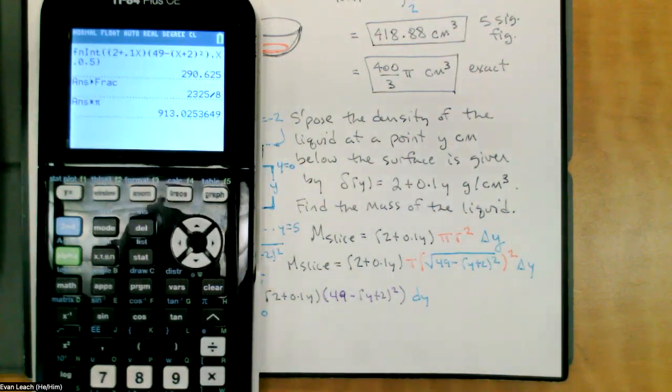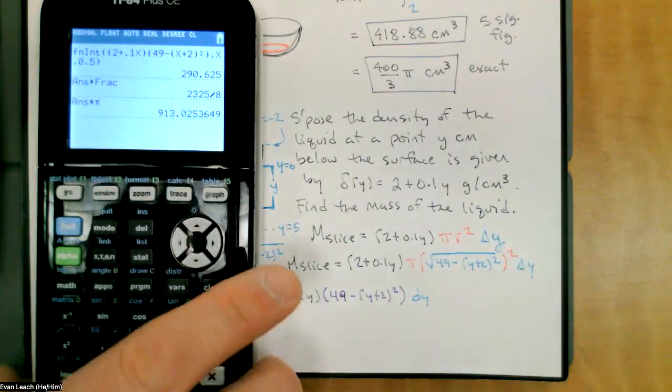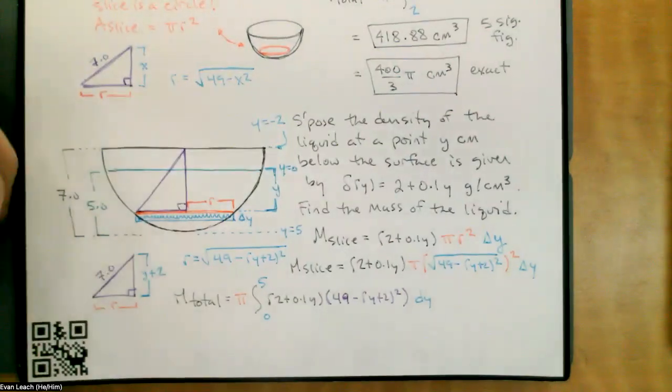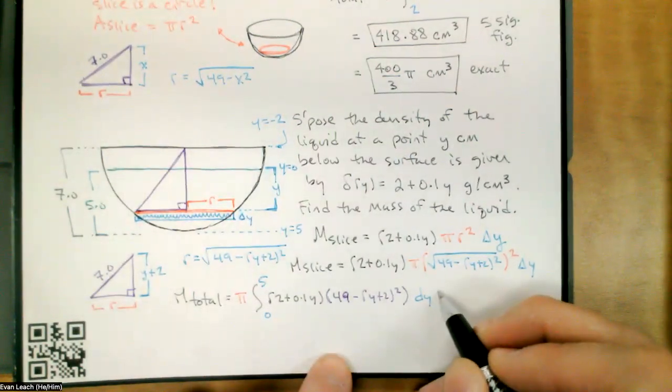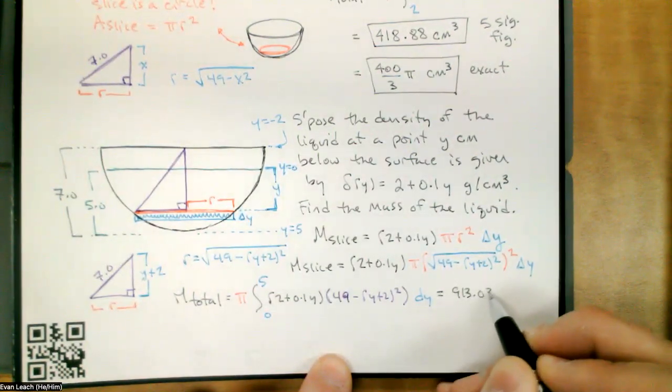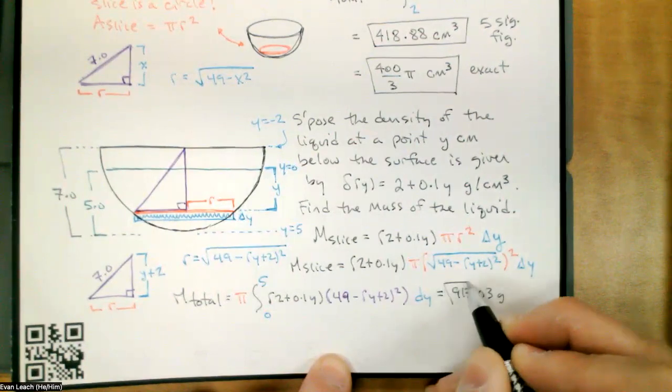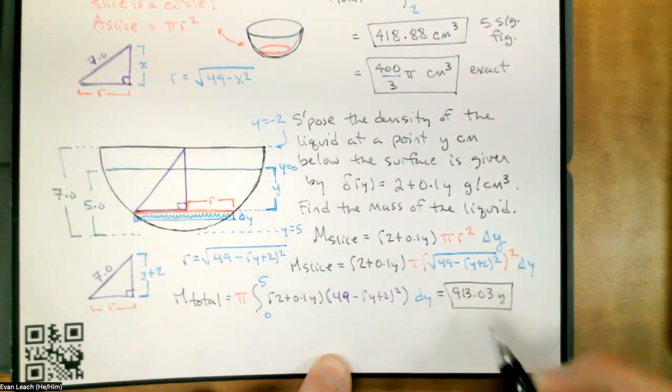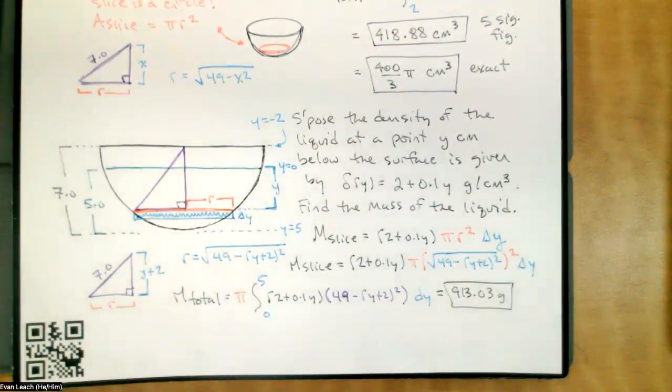So 913.03 grams. If I want to write the exact value, that'd be 2325 over 8 pi.